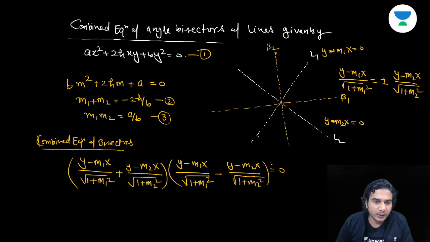Now what is going to happen when you expand it: a minus b, a plus b, so you can write a square minus b square. So I'm writing a few more steps.